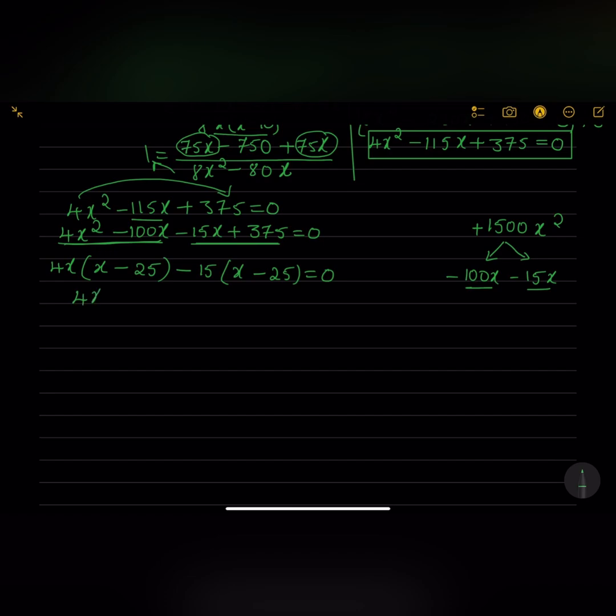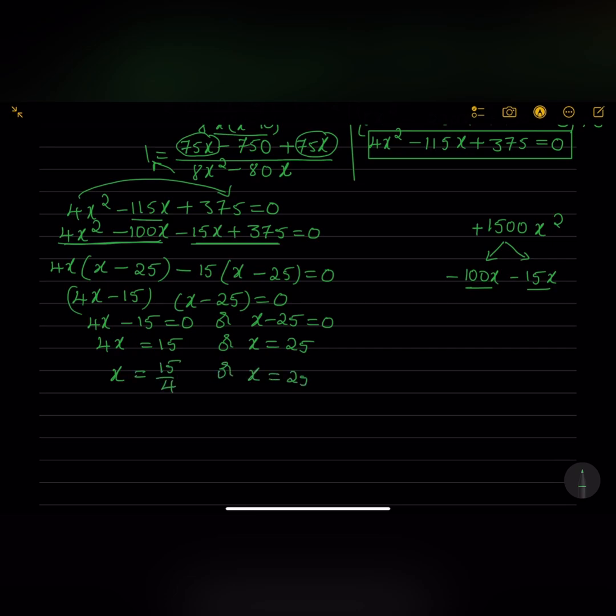And it will be 4x minus 15 into x minus 25 equal to 0. So 4x minus 15 equal to 0, or x minus 25 equal to 0. 4x is equal to 15, or x is equal to 25. X is equal to 15 by 4, or x is equal to 25.